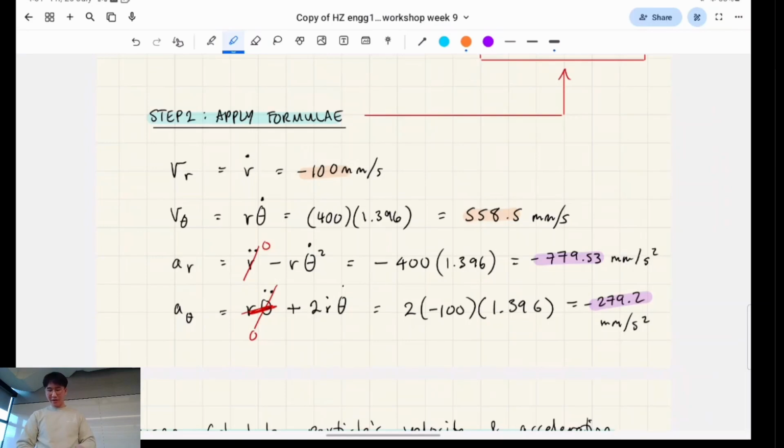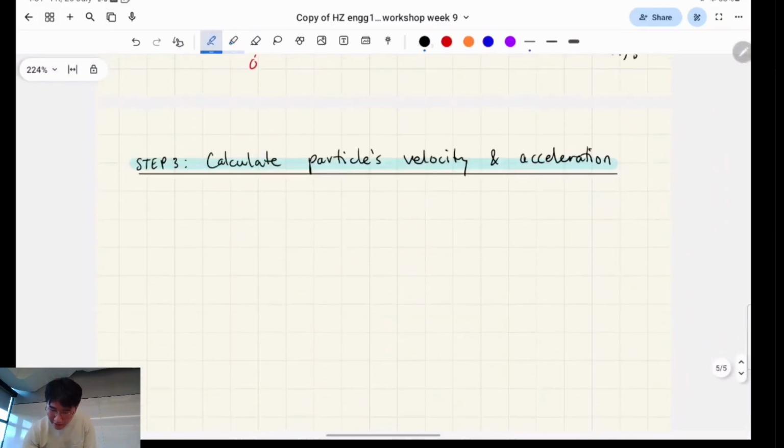Okay, do you see how we've just applied all the formulas, right? But do you see how the top two are highlighted in orange and the bottom two are in purple? So these will make up our Pythagoras components, right?